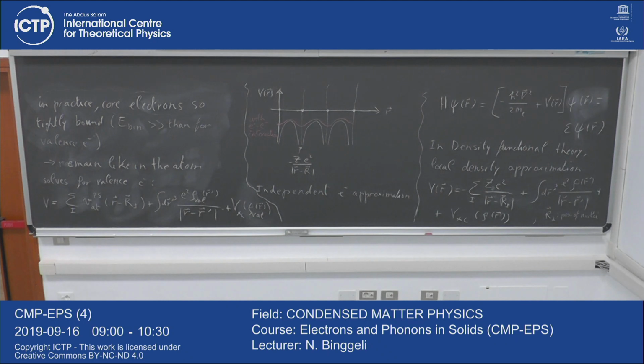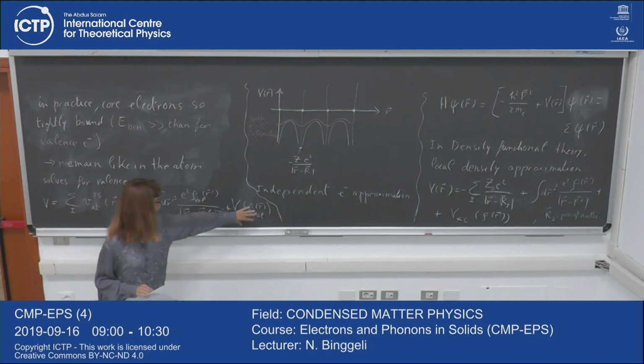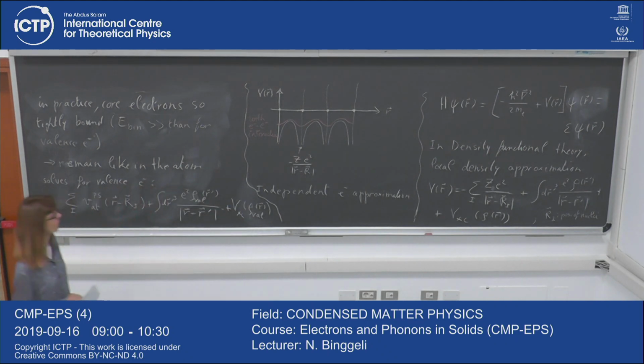So only for the valence electrons with this potential, where here one has the electronic charge density corresponding to the valence electrons.